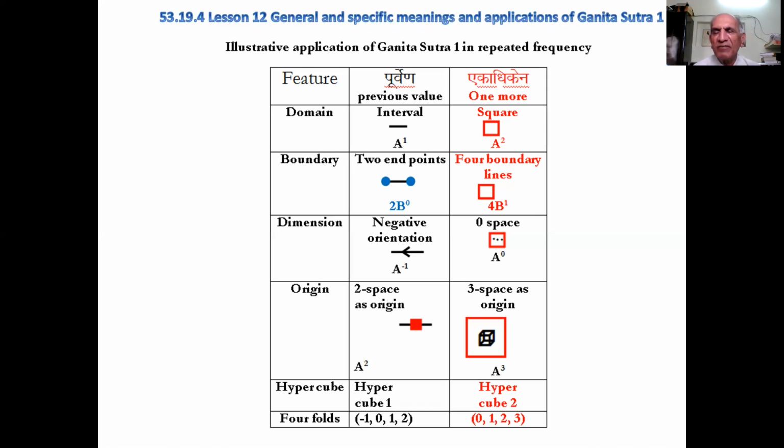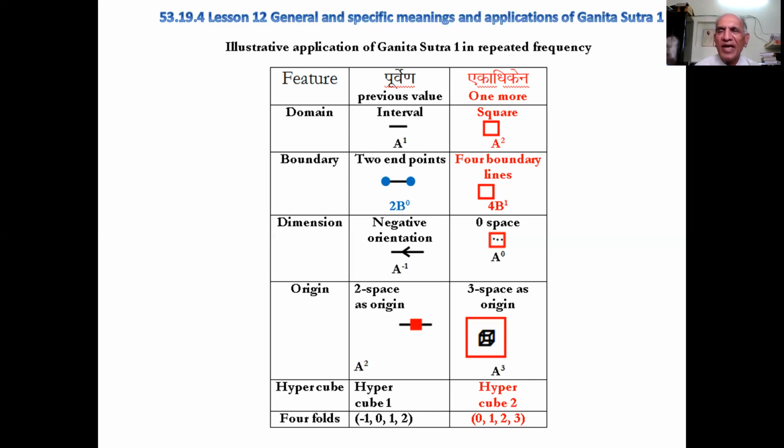So cumulatively, if we take up the pair of entities, interval and square, in terms of these quadruple features of theirs, they will become hypercubes 1 and 2 respectively.